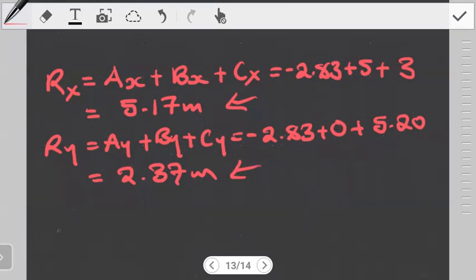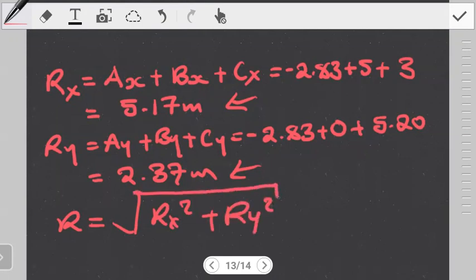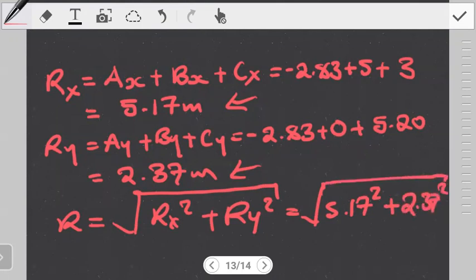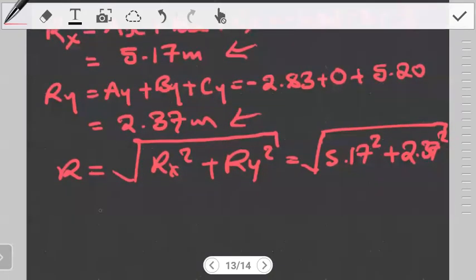So the magnitude of the resultant, we get it by Pythagoras theorem, which is r in x squared plus r in y squared. So all we're doing is the square root of 5.17 squared plus 2.37 squared. Evaluating the square root, our answer comes out as 5.69 meters. So this becomes the magnitude of the resultant.